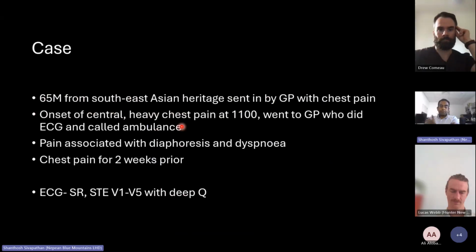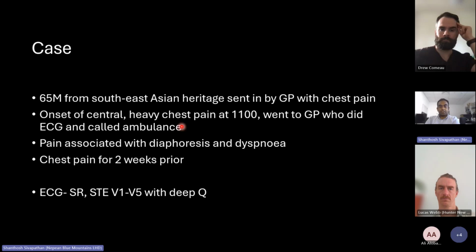Next case. Any questions about the VSD complications? The issue with this guy was that he had a delayed presentation with an inferior MI. They subsequently stented pretty much into the dead myocardium, which was not of any benefit for him. He had necrosis and ended up with a VSD.